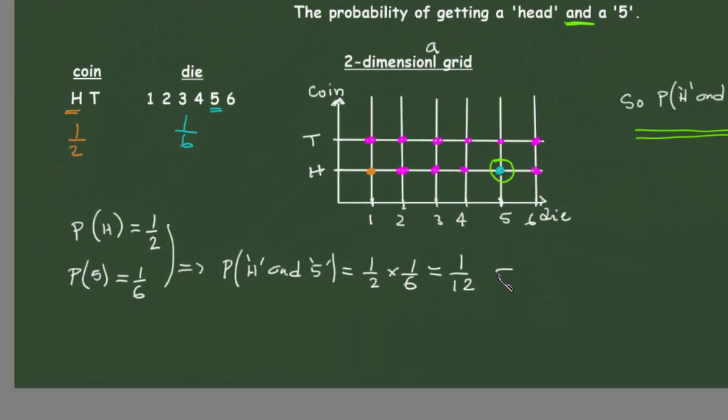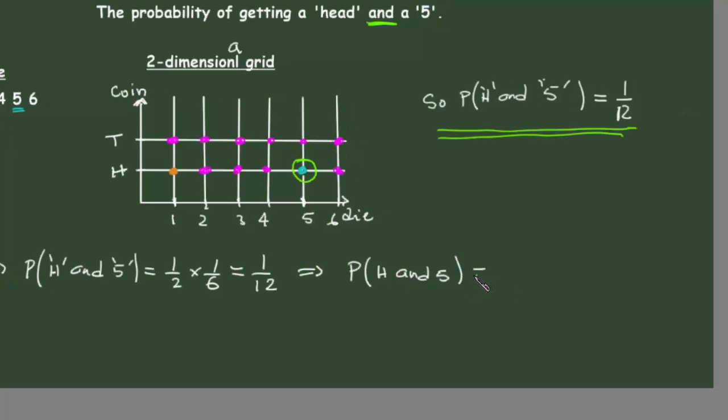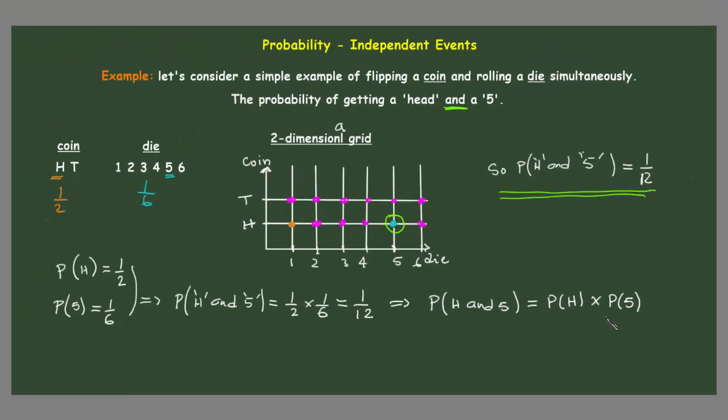Now this tells us that the probability of having a head and a 5 is equal to the probability of having a head times the probability of having a 5. It means that we just multiply the separate probabilities.